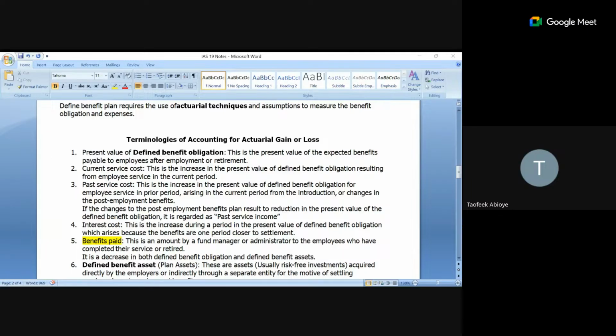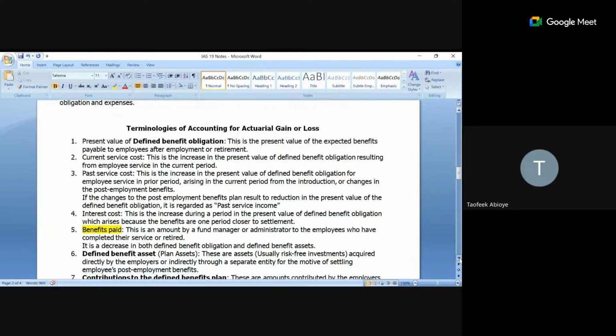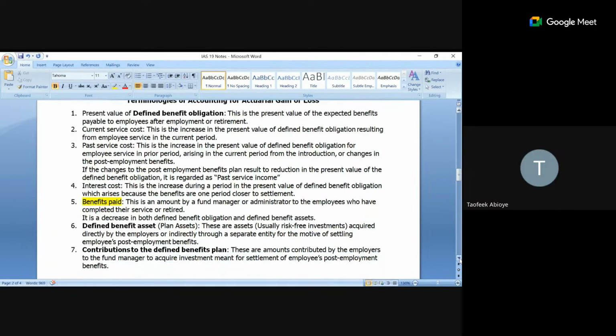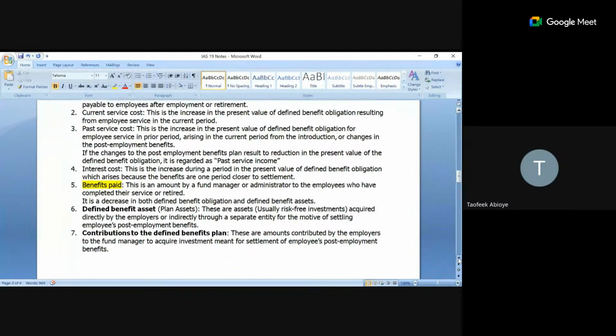And what are defined benefit assets? As I said earlier, these are assets, usually risk-free investment. IAS 19 calls it risk-free. Do you know the reason why? It's because investment is very risky.